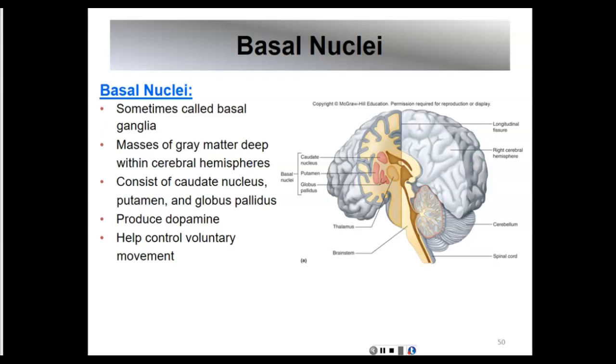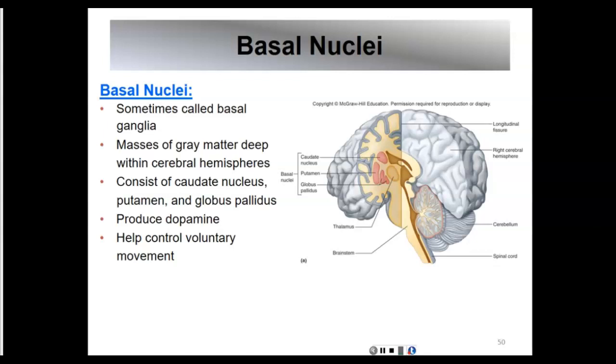This is due to the basal nuclei either being damaged through repetitive injury. For instance, like Muhammad Ali, he was a boxer and he had his head obviously banged in more than once, and so that likely damaged his basal nuclei, which affected his dopamine production, which ultimately led to his Parkinson's.